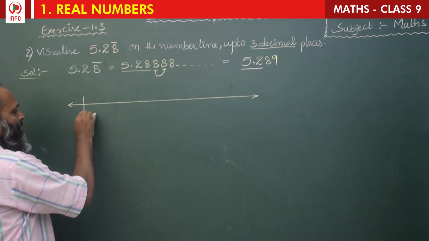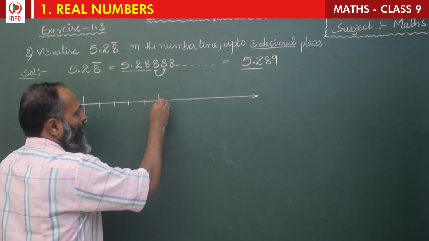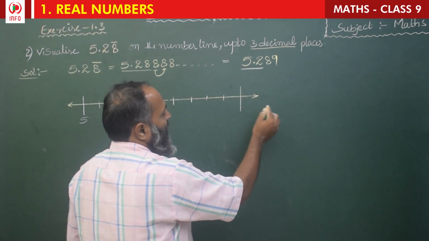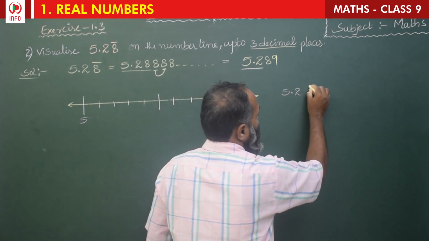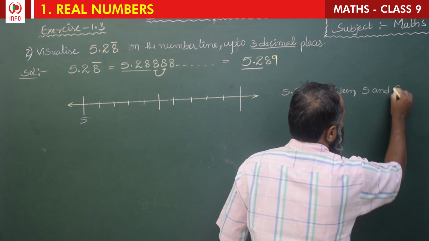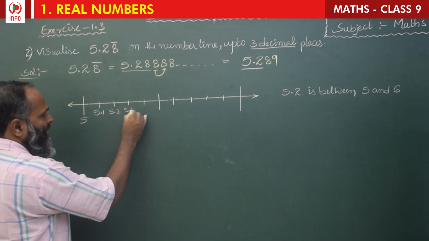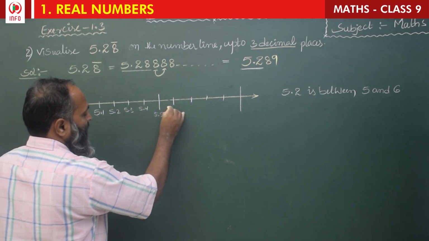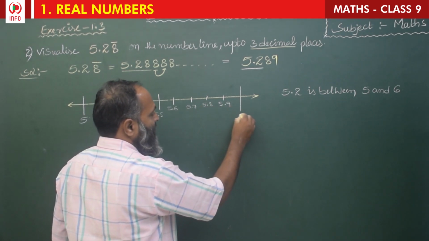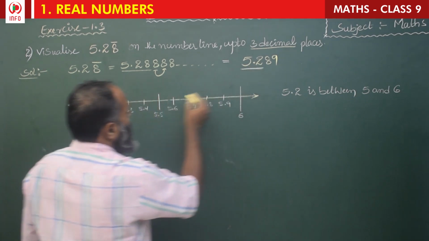Here 5, 5.1, 5.2, 5.3, 5.4, 5.5, 5.6, 5.7, 5.8, 5.9 and here 6. So here 5.2 is between 5 and 6.